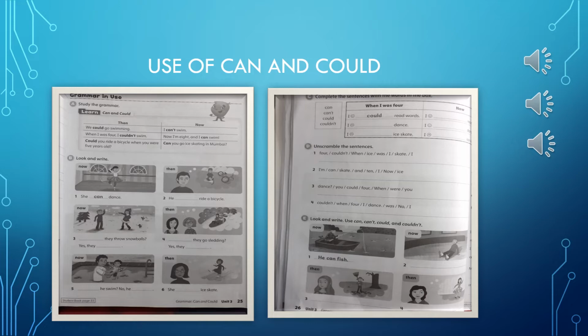So you will write down he couldn't ride a bicycle. Couldn't, can't, can and can't: these words are all written at the top of the page, so you can copy the spellings from there. Don't write incorrect spellings.